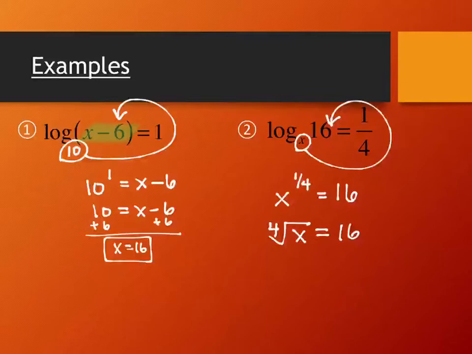Either of these forms have the ability, I think, for you to be able to see that the inverse operation is to raise this to the power of 4, or 4 over 1. So if you left it in that fractional form, of course, the 1/4 times the 4 would equal 1. If you think about it in radical form, you've got a 4th root and a power of 4, which cancel out to give you just x alone.